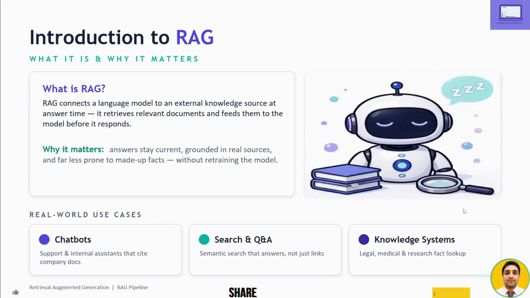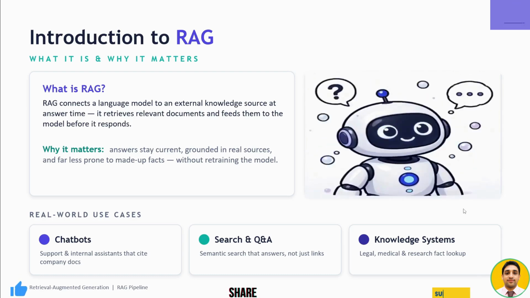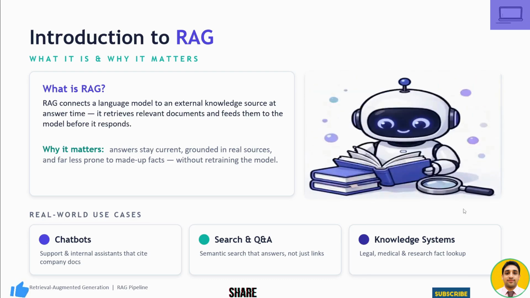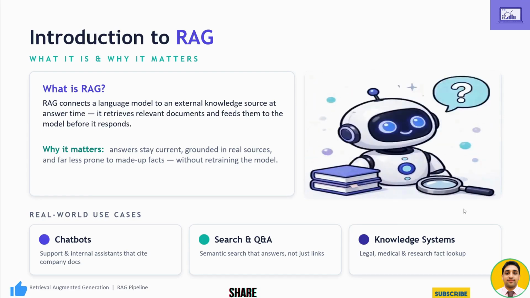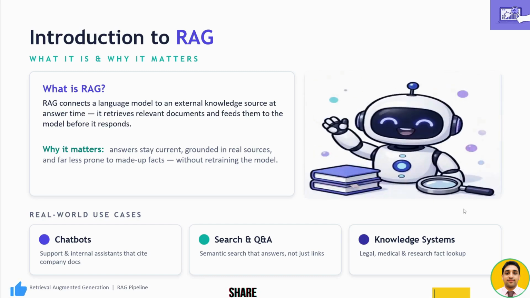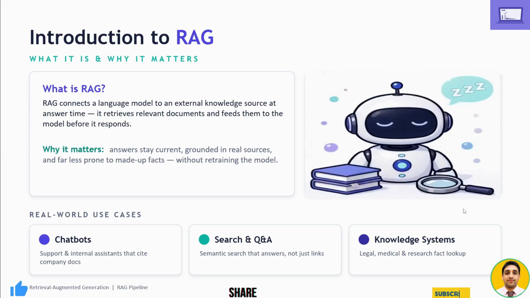Instead of just giving you a list of links like a traditional search engine, a RAG powered system can directly answer your question using semantic search, understanding the meaning behind your query rather than just matching keywords. Third, RAG is heavily used in knowledge systems within legal, medical, and research fields where professionals need to look up precise facts from large bodies of documents quickly and reliably.